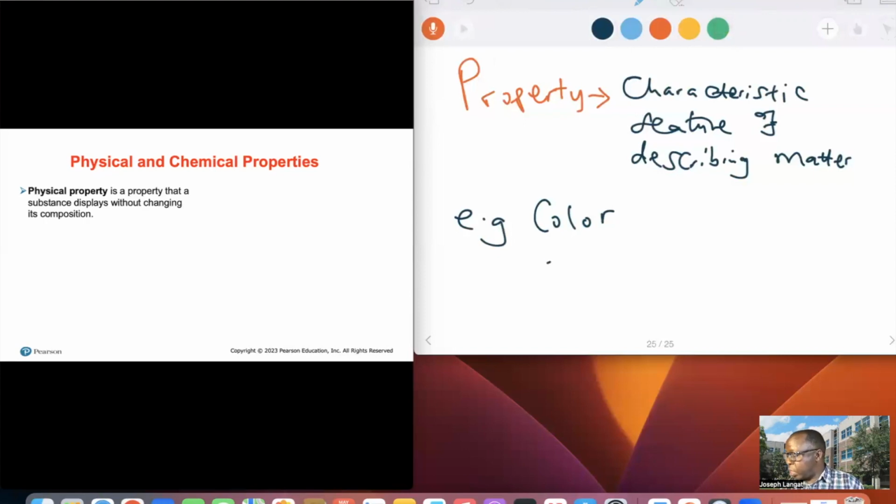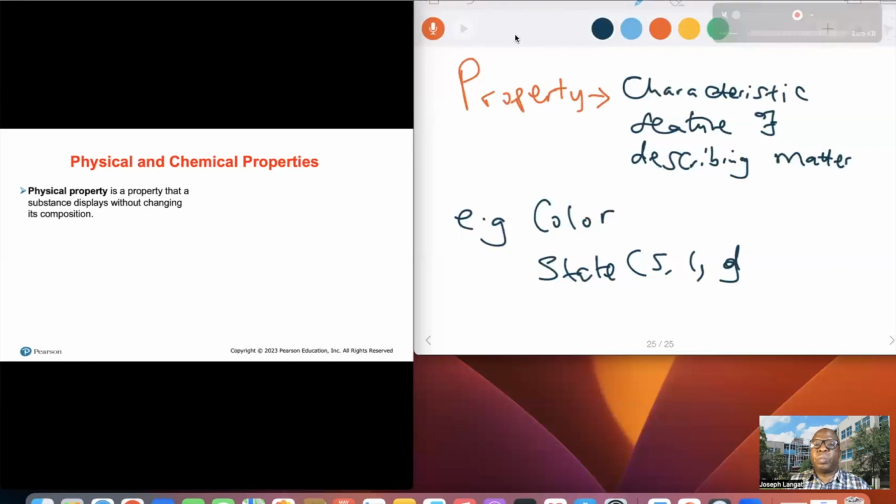Even state is a characteristic feature, e.g. solid, liquid, or gas. There is water in my water bottle, in liquid state. I'm using the state to describe what is in this bottle. It's liquid. All right, physical property, chemical property. What is the difference between the two?